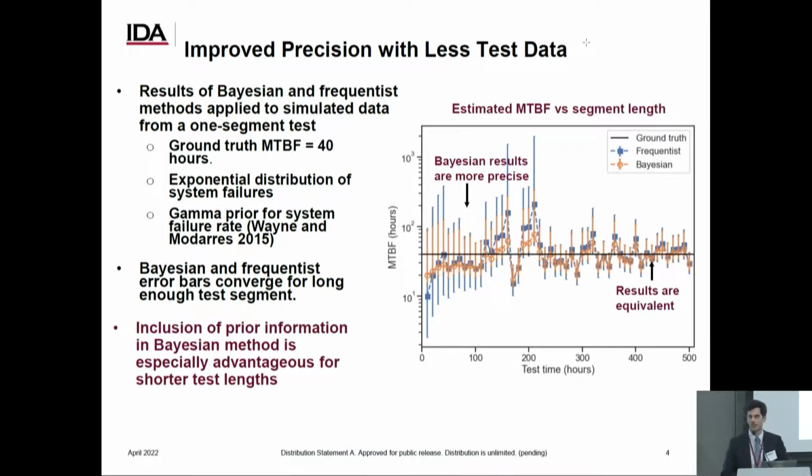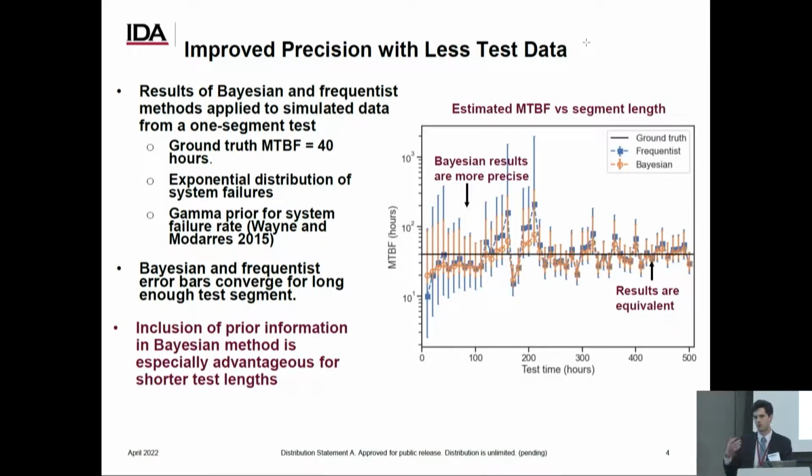And so this is a slide that shows in a schematic way how Bayesian methods can improve precision for shorter test segments if the prior is correctly specified, or at least not too inconsistently specified. And so what the chart shows is the result of applying Bayesian and frequentist methods to simulated test data for a system with a ground truth mean time before failure of 40 hours.